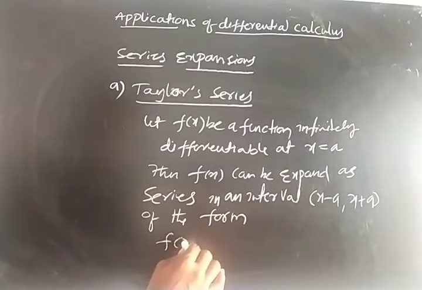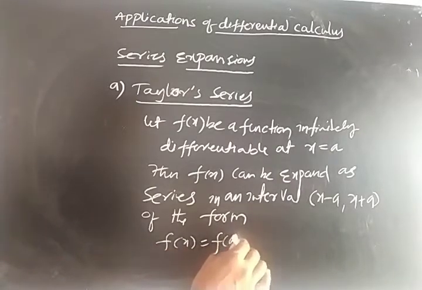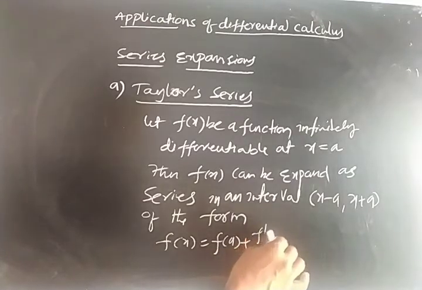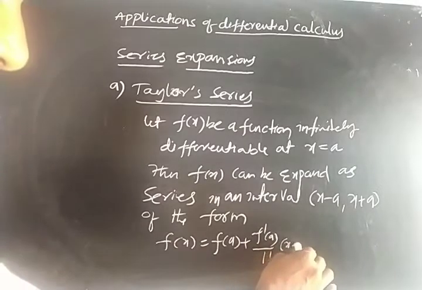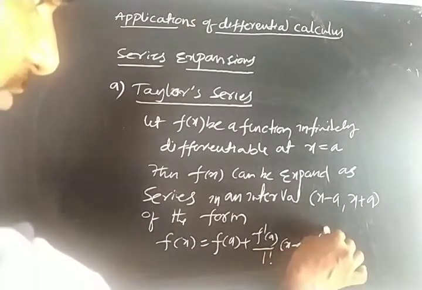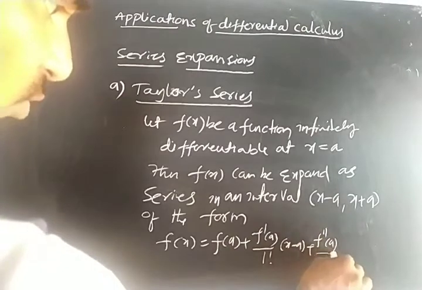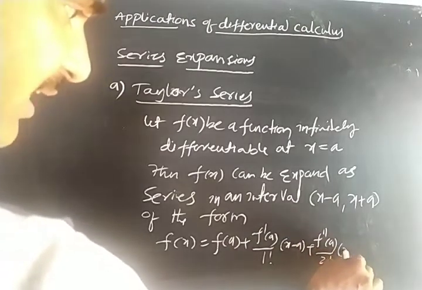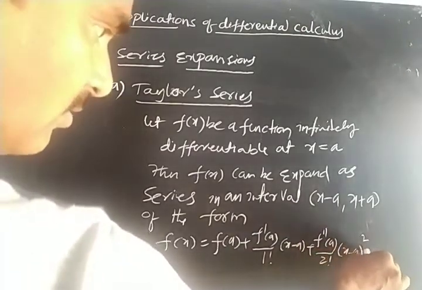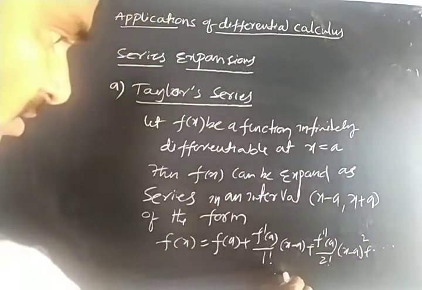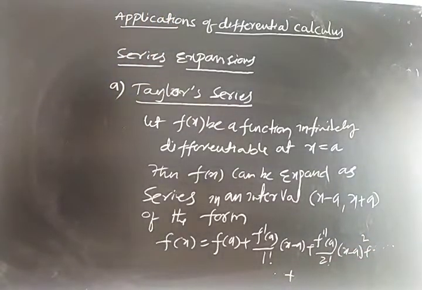f of x is equal to f of a, first term f of a, plus f dash of a by 1 factorial into x minus a, plus f double dash of a by 2 factorial x minus a whole square, plus so on, like this up to infinite terms.